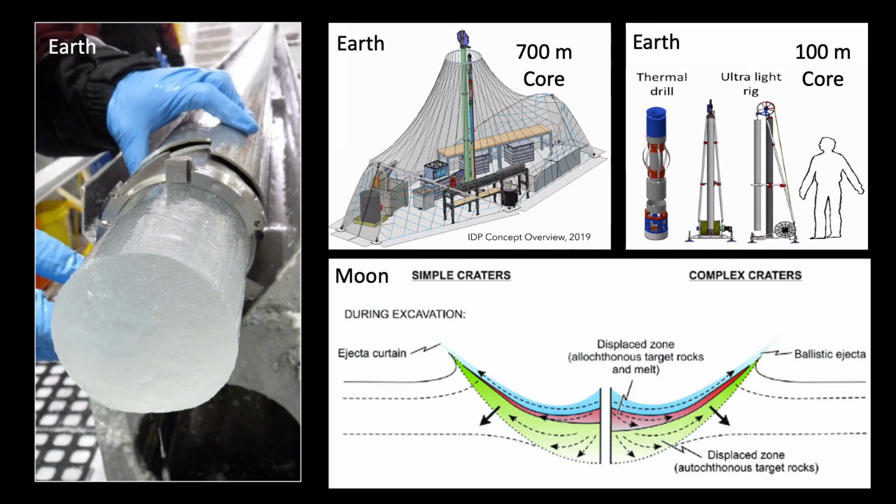So these cores that we expect to do, much like what we show here from systems that were developed on Earth to obtain cores at the Antarctic and the Arctic, we expect to deploy similar instruments to the moon to be able to create cores and then interrogate them, looking for these volatiles so that we can understand that overall history of the volatiles in the permanently shadowed region and the evolution of the Earth and lunar atmospheres.